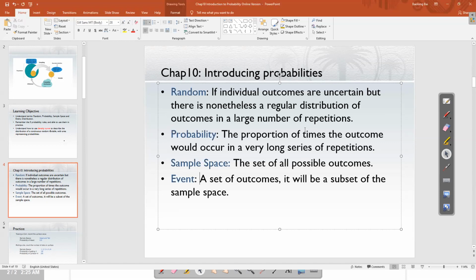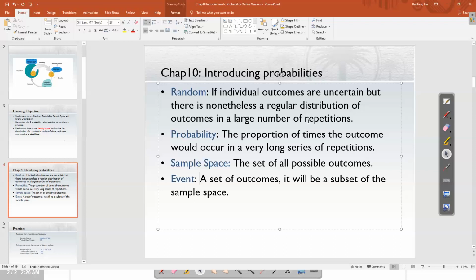But if you toss the coin many times, you would expect the probability of getting a head to be 50%, and the probability of getting a tail to be 50%, right? So you do know the distribution of the outcomes if you repeat it many times. For that kind of process, we call it a random process.